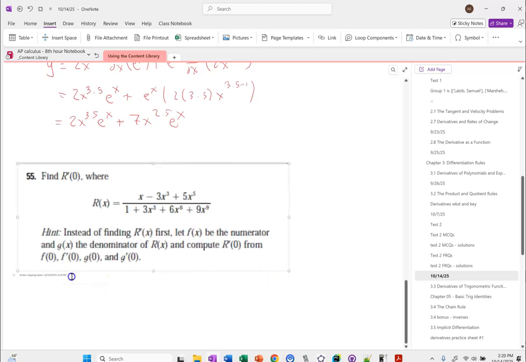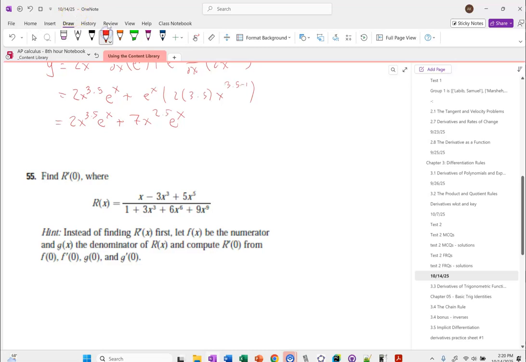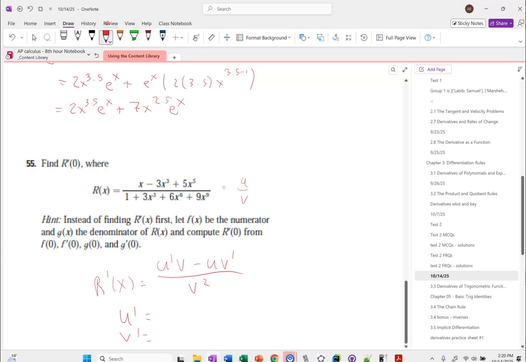So what they're doing in this problem is just suggesting to you, like how we have the quotient rule written as u over v, let's calculate u prime and v prime separately and then plug those in to where they go, rather than doing it all at once because those u and v are so long.